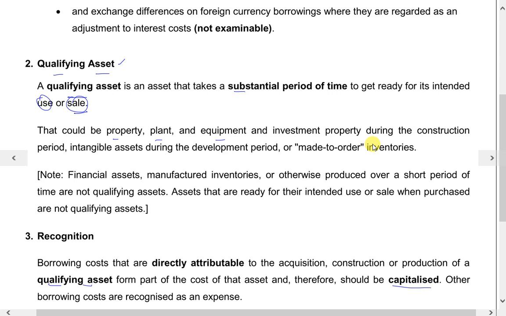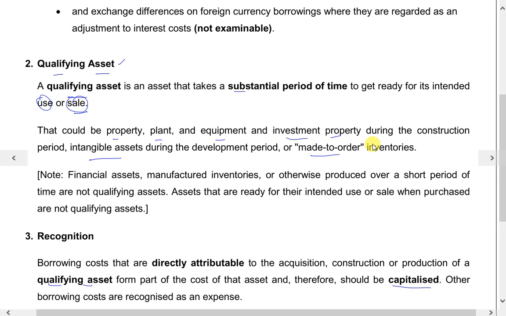So if I build my own office building, I capitalize the interest. Investment property, haven't learned yet, IAS 40. During construction, intangible asset also haven't learned yet, IAS 38. And made to order, the example I gave you was you hire me to construct, and then after that I sell to you. It's like construction.